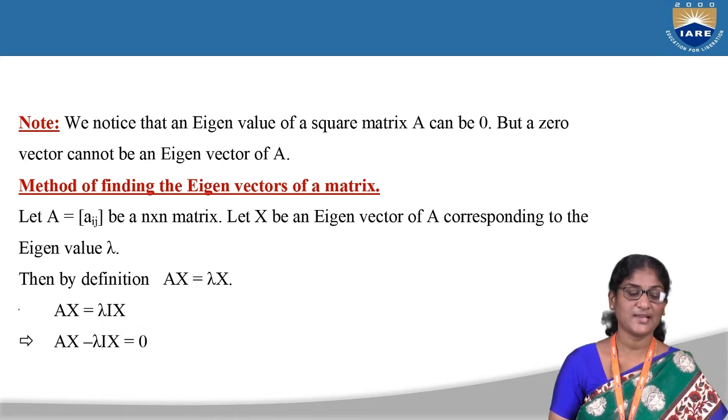Let capital A equal to Aij be n cross n. Let x be the eigenvector of A corresponding to eigenvalue lambda. Then by definition, Ax is equal to lambda x. We can write lambda x as lambda I x, where I is an identity matrix. Bringing everything to the left hand side, we get Ax minus lambda I x is equal to 0.